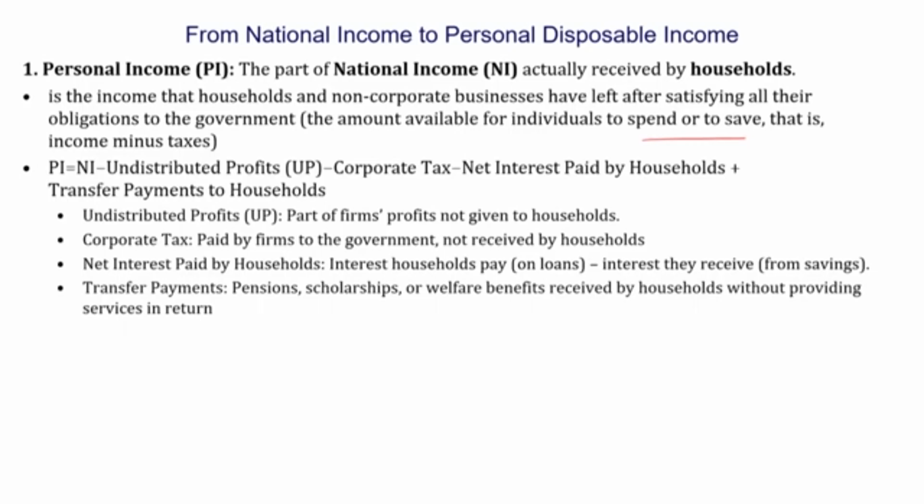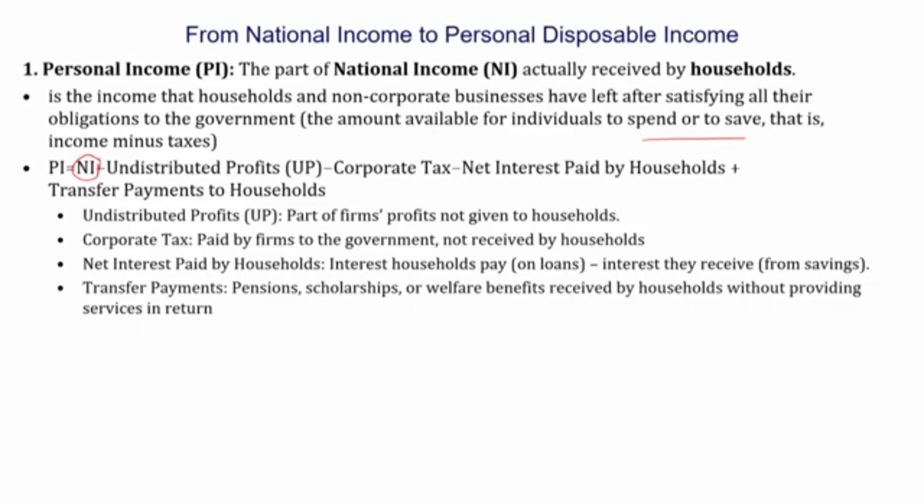So personal income is equal to national income minus undistributed profits and so on. National income here means not GDP, but GNP or GNI. After that we also need to remove the depreciation, so this national income here is net national income, net GNP.